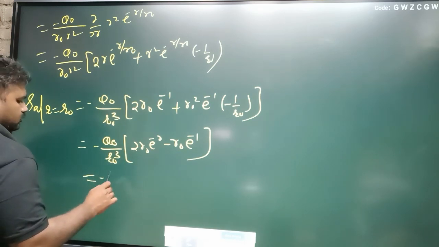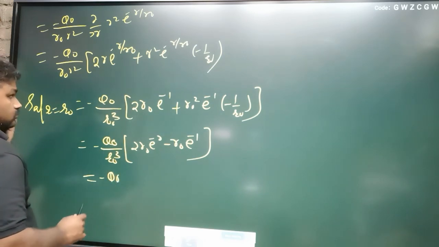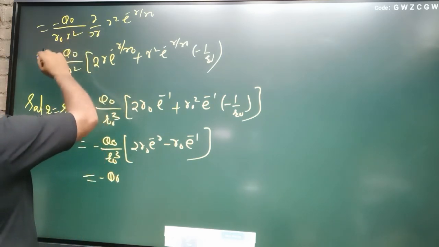Okay. Q naught upon R naught square e raised to power minus 1.